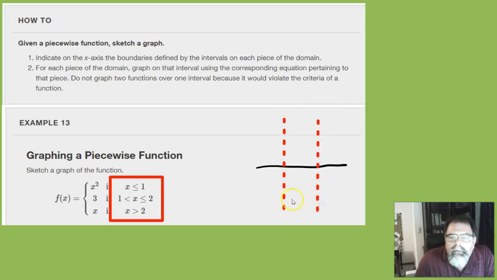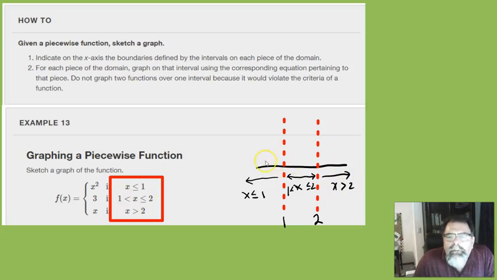So if this is at 1 and this is 2, this portion of the graph over here is x less than or equal to 1. This middle portion of the graph is x between 1 and 2. And then this portion of the graph is x greater than 2.